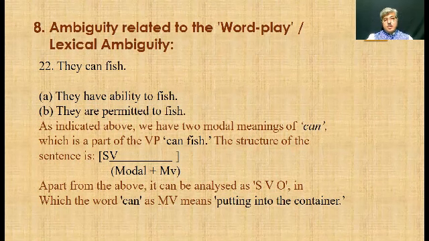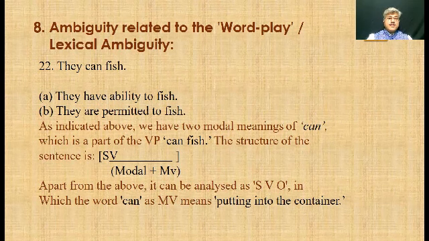As indicated above, we have two modal meanings of can, which is a part of the VP, can fish. The structure of the sentence is subject, modal plus main verb. Apart from the above, it can be analyzed as SVO, in which the word can as main verb means putting into the container.